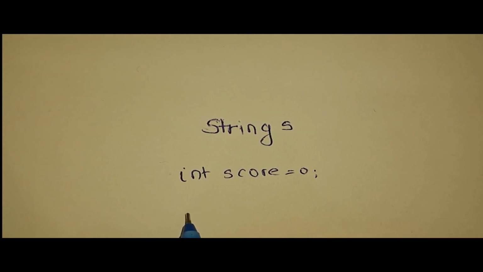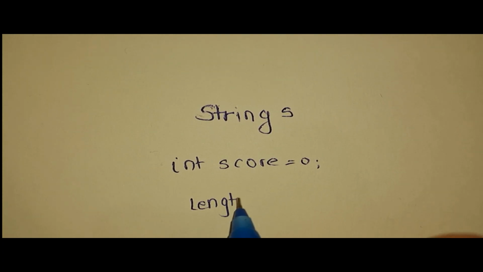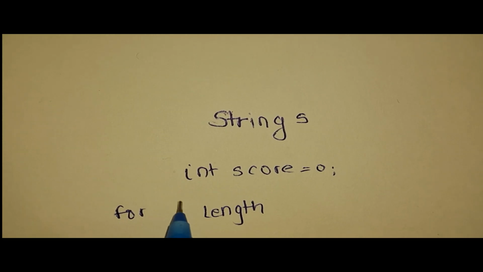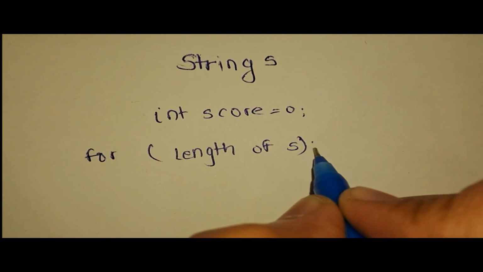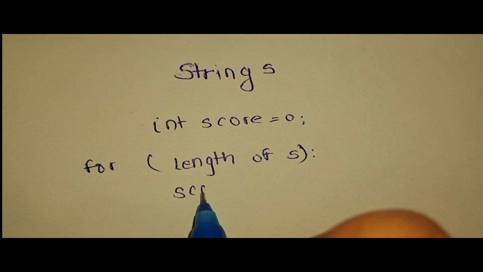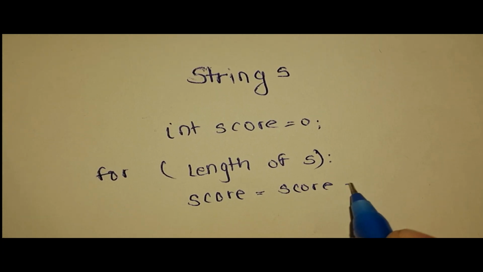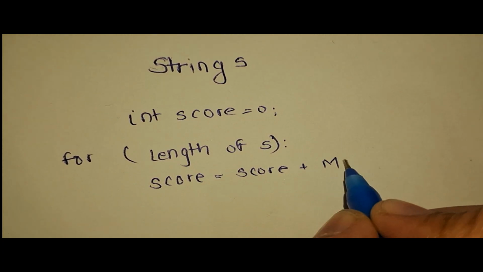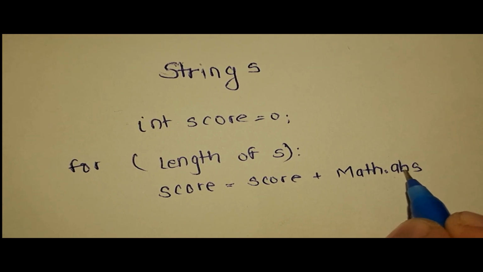Now we can loop through the length of the string. We can use a for loop for that, and we can say score is equal to score plus math.abs, the math absolute function.